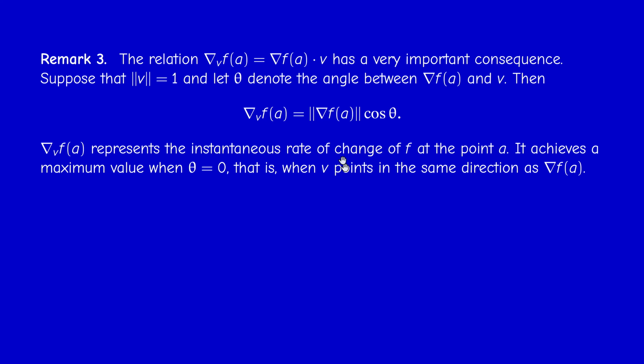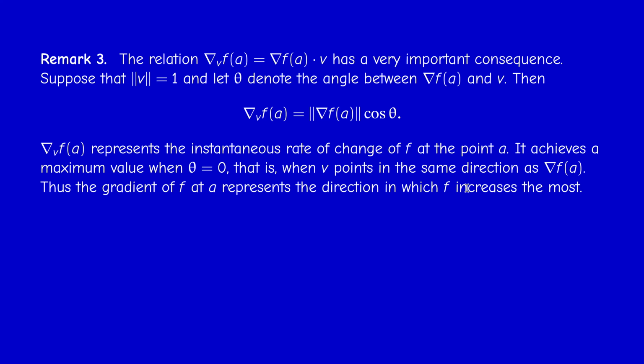So this means that the maximum of this rate of change happens when v and the gradient are parallel. So they point in the same direction. And therefore, we can say that the gradient of f at a represents the direction in which f increases the most.